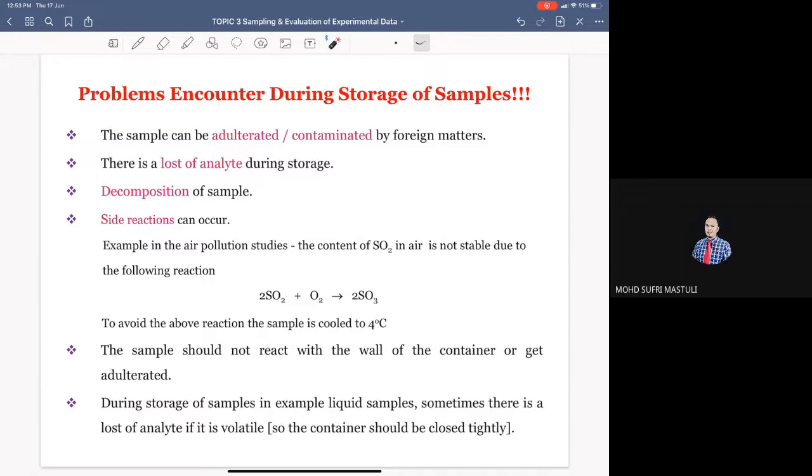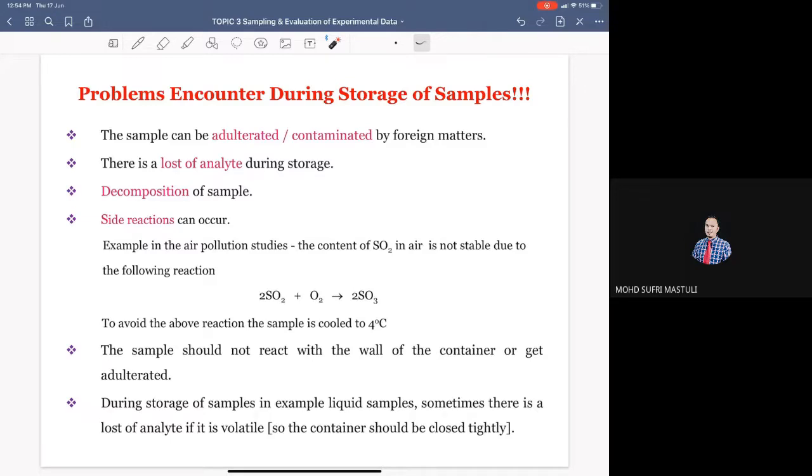Okay, so that means whatever procedure is taken in the lab, you should have proper reasons, and you have to choose the right way to do it. During the storage of a liquid sample, sometimes we will lose the analyte because liquids have different degrees of volatility.